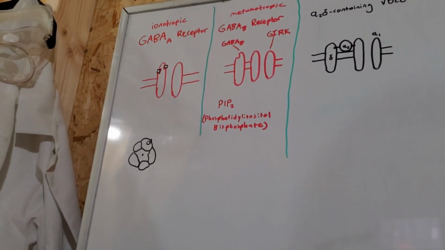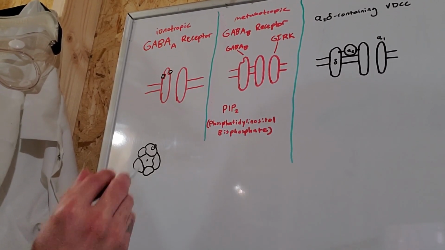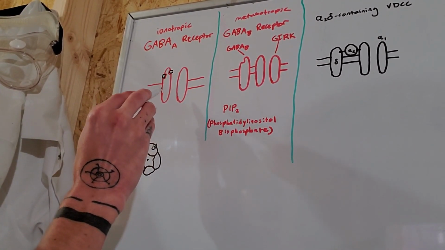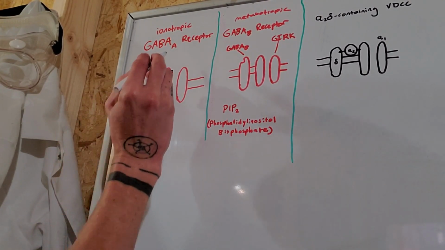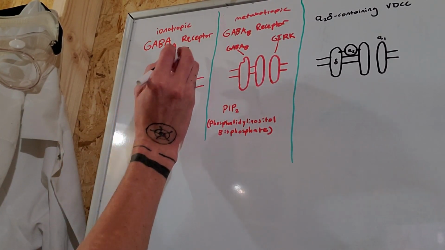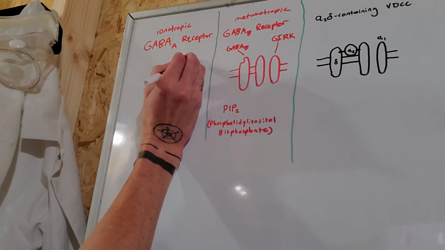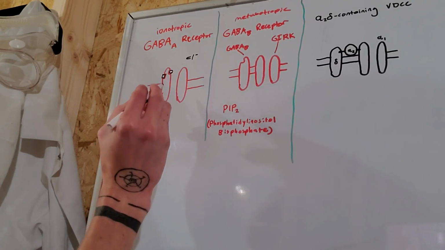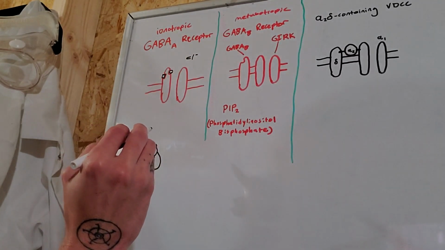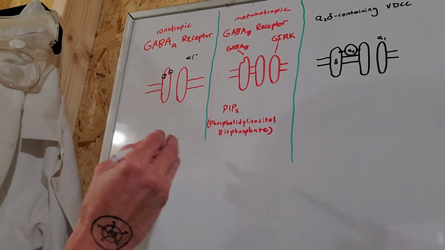Back to the GABA receptor with the orthosteric ligand GABA bound and the allosteric ligand alprazolam bound. Outside of the cell is chloride anions, that is negatively charged ions.